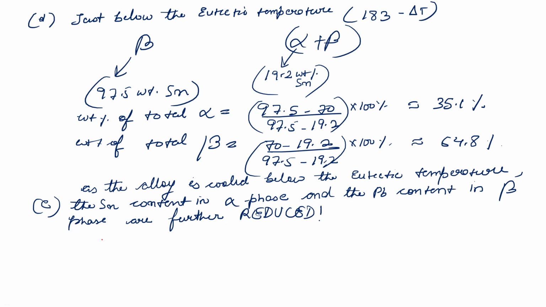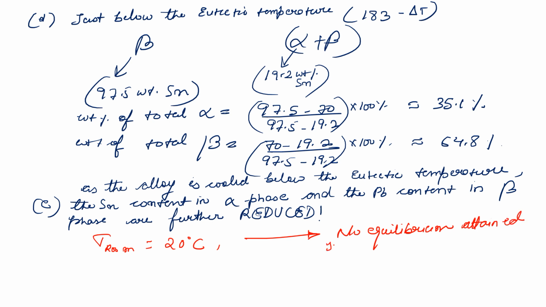However, at room temperature, which is closer to 20 degrees, we have no equilibrium attained, because we are at such a low temperature that the diffusion rates are minimized.